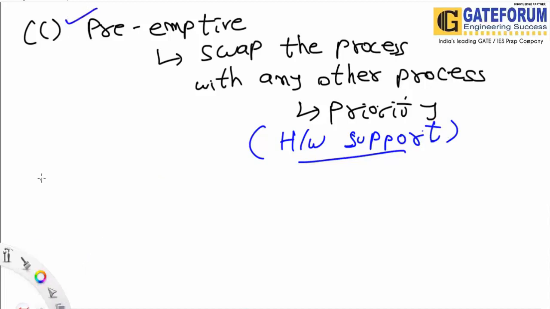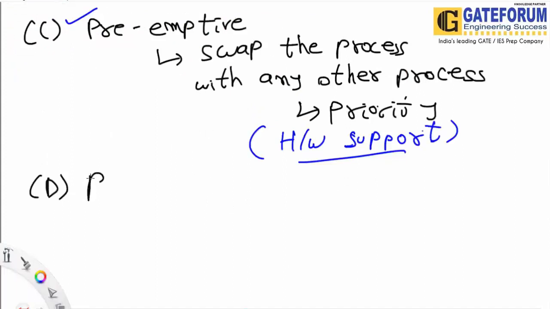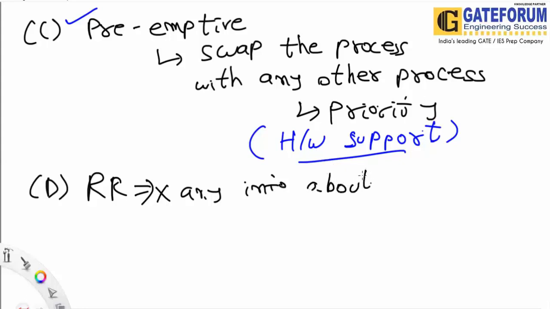And the last one is telling that the round robin policy can be used even when the CPU time of the process is not known in advance. Round robin, or RR, does not require any info about the CPU or execution time.